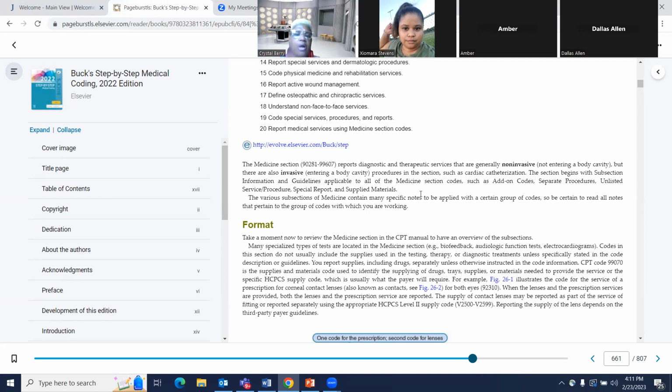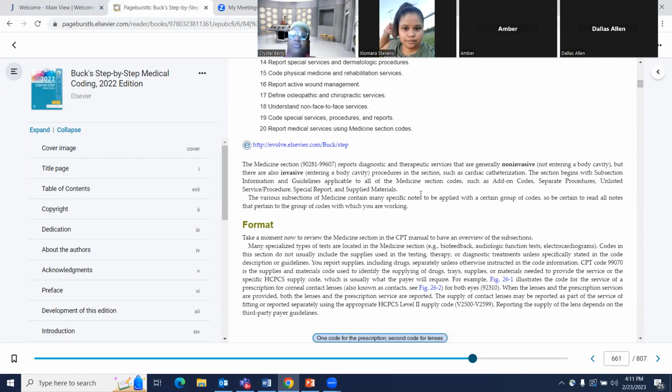Okay, can anyone tell me what page does it start on in the CPT manual 2022? The medicine section. 719. You said 719? Yes, ma'am. Okay, so in the 2022 CPT manual, the medicine section starts on page 719.